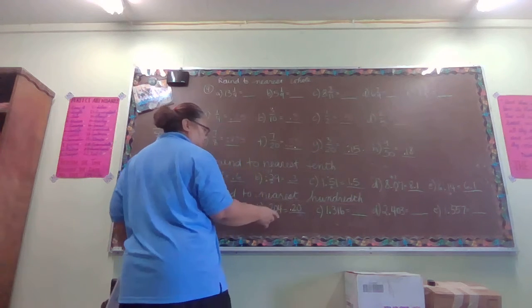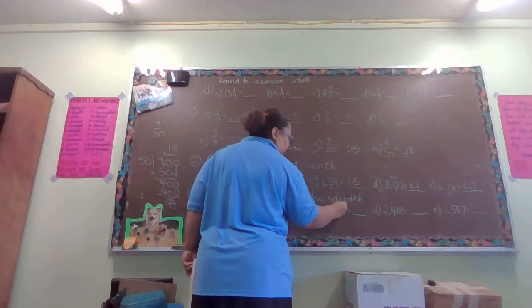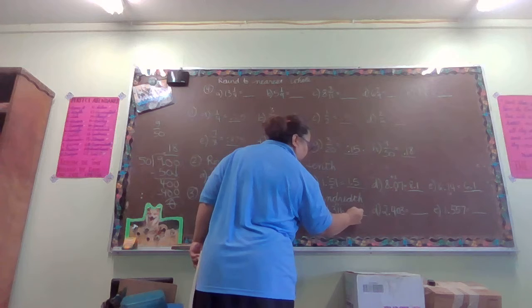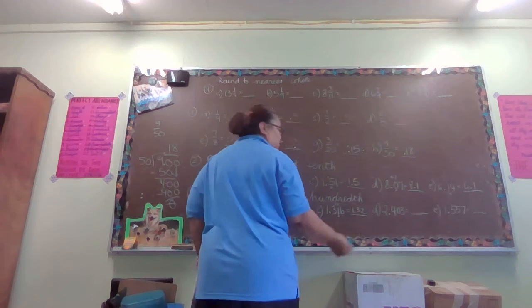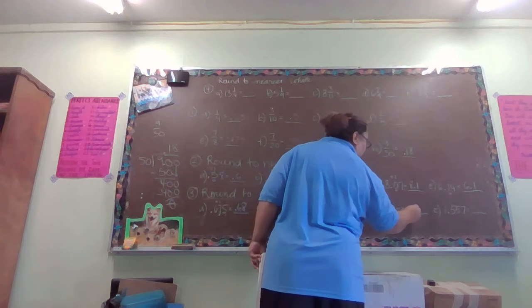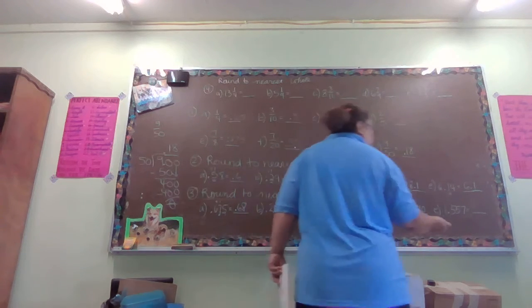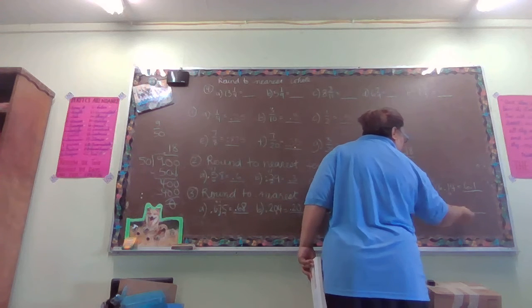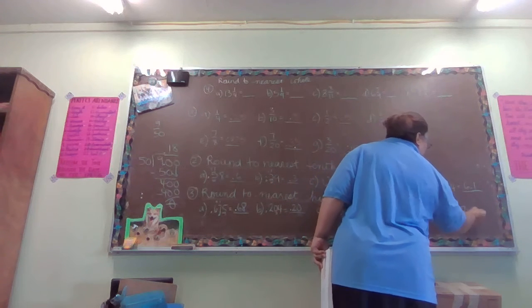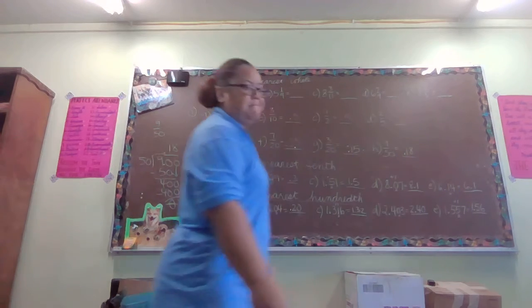0.20. 1, look at 6, add 1. Answer is 1.32. 0, look at 3, do not add. 2.40. And lastly, 5, look at 7, yes, add 1, 1.56.